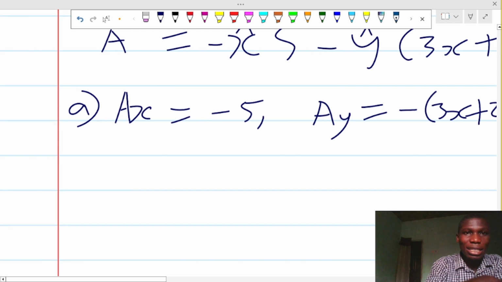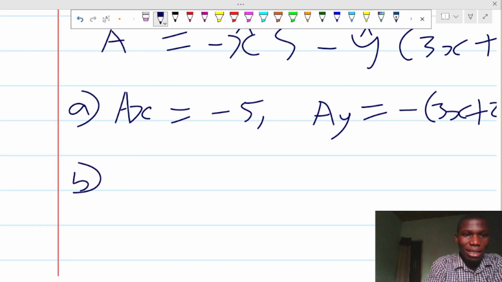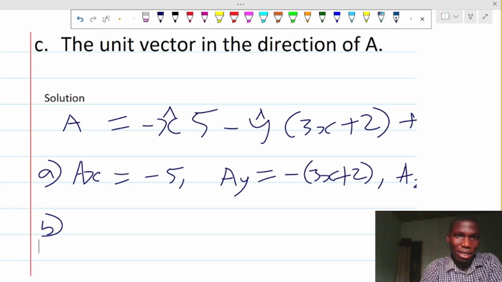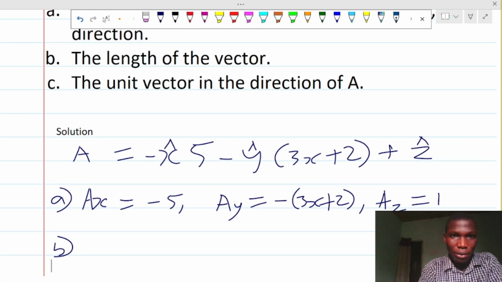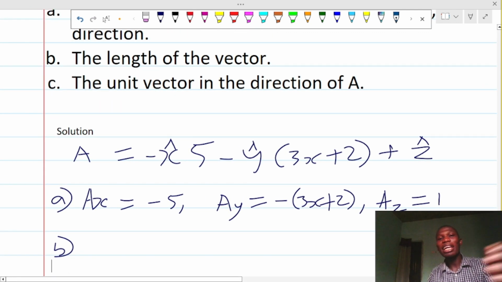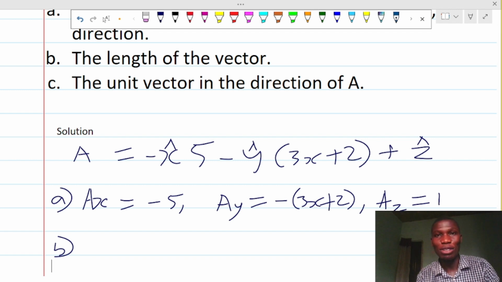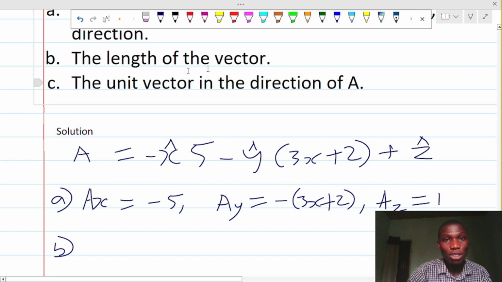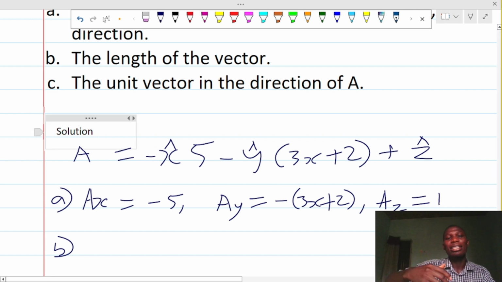Then the B part is this. Let's check the question: the length of the vector. Remember the definition we gave in the last video for the magnitude of a vector: it is its size or length. So when we are asked to calculate the length of the vector, we are just finding the magnitude.